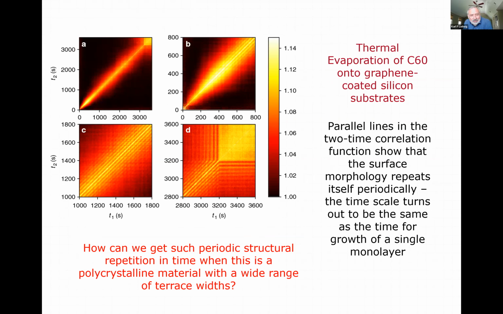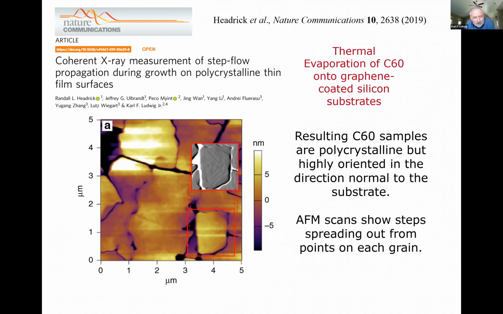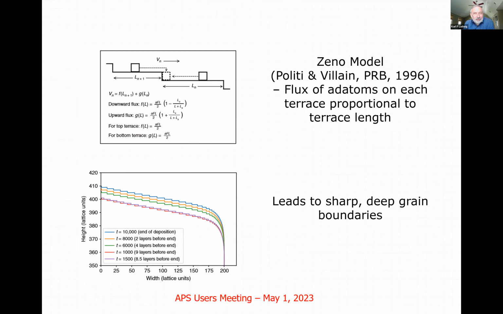But by using the XPCS, what we see here in the two-time correlation functions is that there was a very repetitive pattern happening. And so despite the complexity of having a polycrystalline material with these steps on the surface, what was happening was that as you deposited material, you were having step flow on each of these terraces so that the surface repeated itself on the nanoscale.